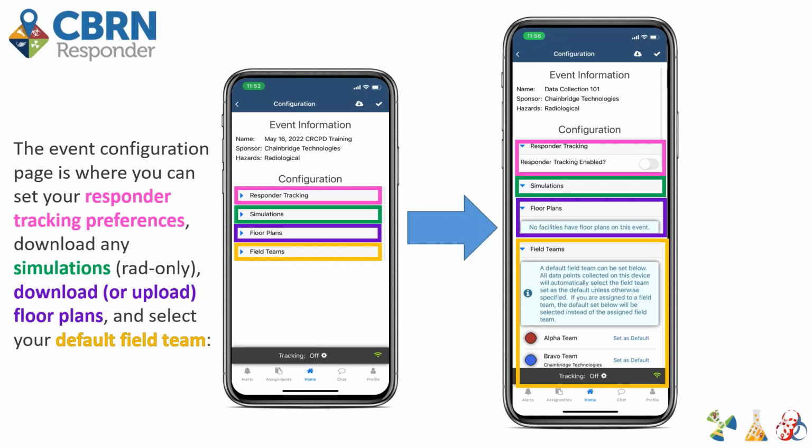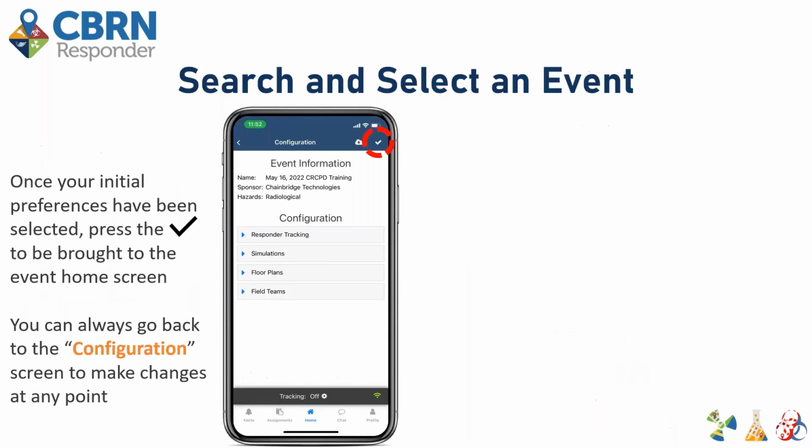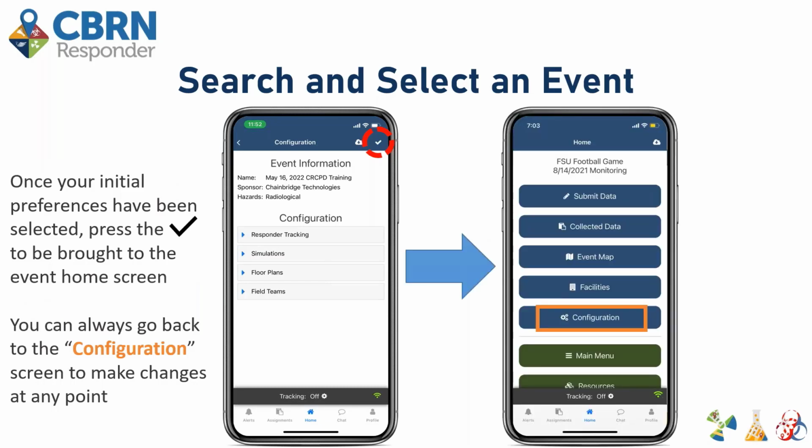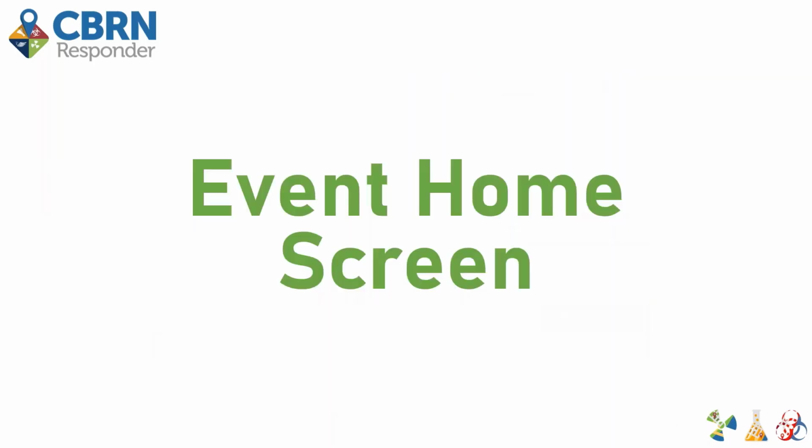This is also where you'll see some basic information about the event, such as the name, sponsor, and the applicable hazard types. Once all your initial preferences have been set, you can select that checkbox in the upper right-hand corner. And note that you can always go back to this screen by selecting the configuration button from your event homepage. And now you are brought to your event home screen.